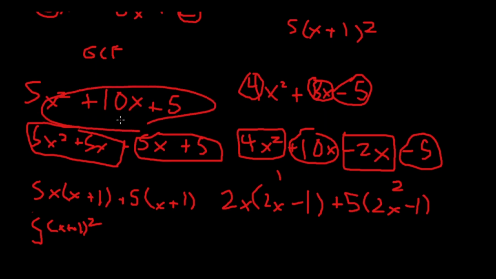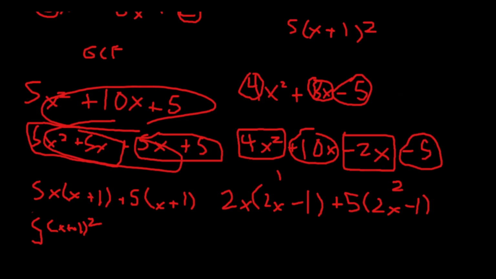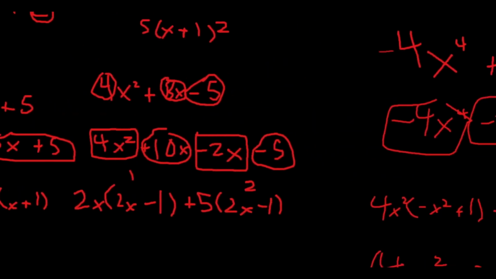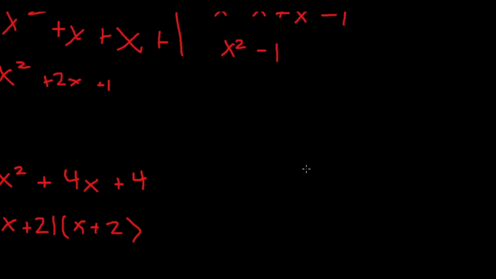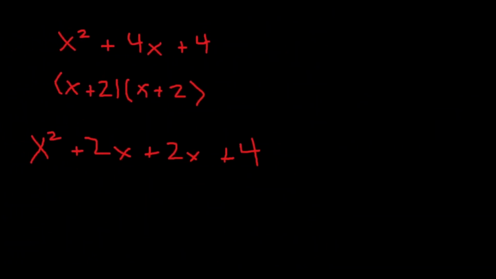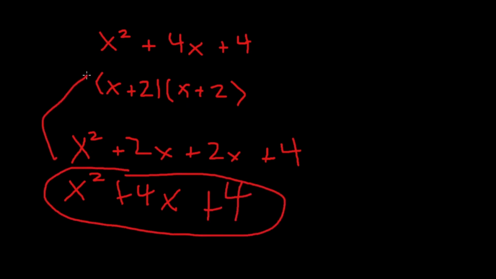You may see a pattern. That's all I'm going to say about that for now. So we combine 2x plus 2x is 4x, so we get x squared plus 4x plus 4, which is our original equation.